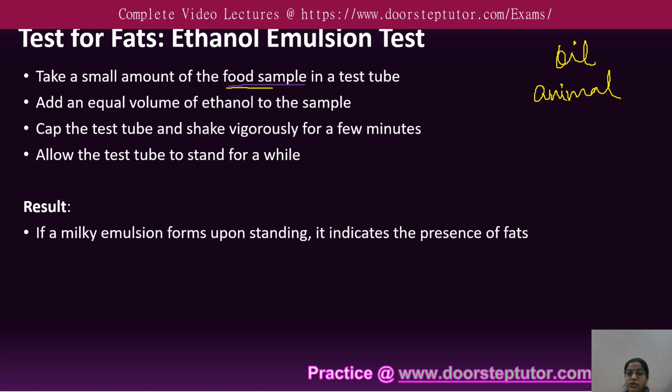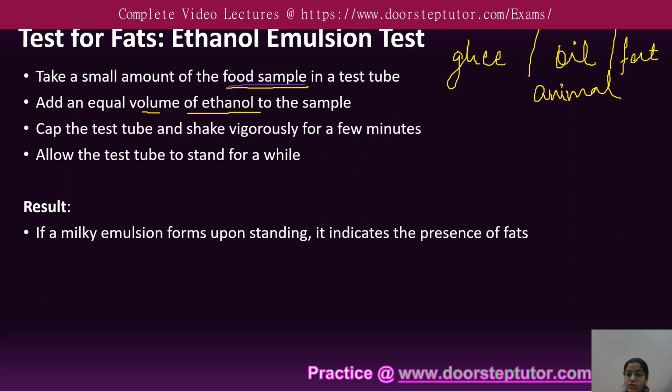Now I'll take the food sample. Oil or any kind of ghee or fat is usually in liquid form, right? So you will take the liquid form of it. Take a small amount of the food sample in a test tube. Add an equal volume of ethanol to the sample.